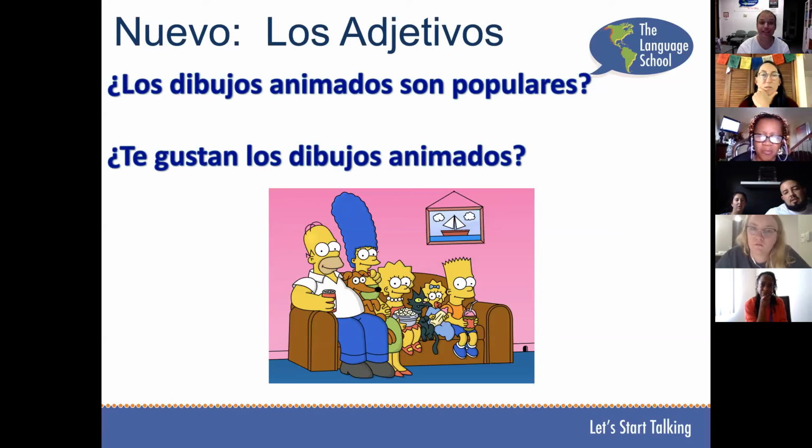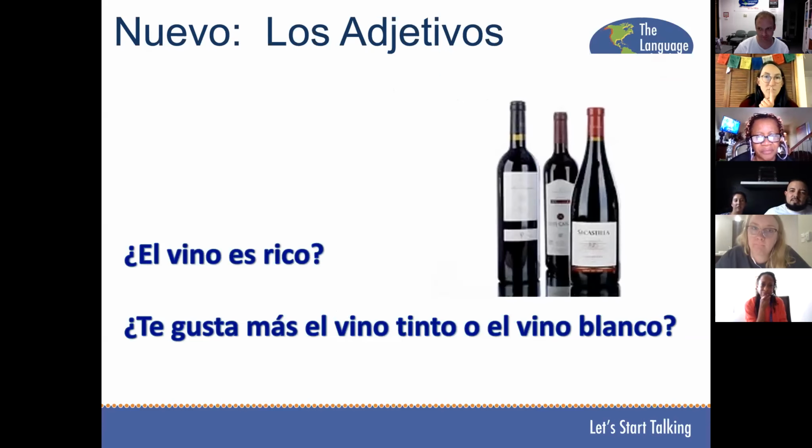Muy bien. ¿Te gustan los dibujos animados? Sí, me gustan los dibujos animados. Muy bien. Daisy, ¿el vino es rico? Sí, el vino es rico. Muy bien. ¿Te gusta más el vino tinto o el vino blanco? Me gusta más el vino tinto.